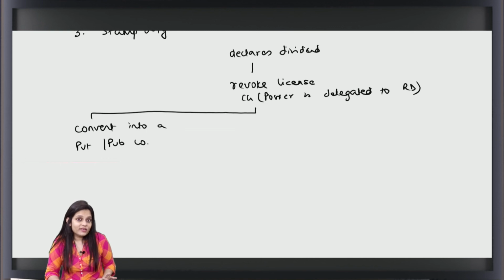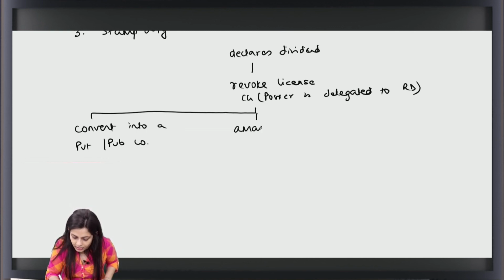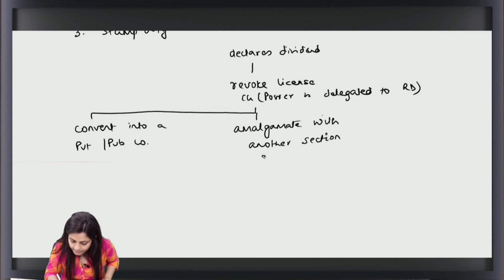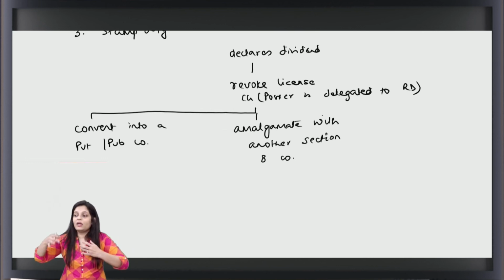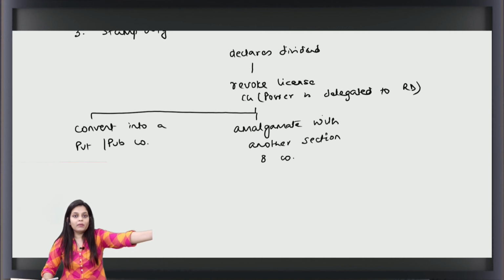When such license is revoked, the second thing that can happen is the company may be ordered to amalgamate. With any company? No. With another Section 8 company. We will tell you to go and amalgamate with another Section 8 company with the same objects. Say one company starts as a Section 8 company for promotion, and we ask it to merge with a technology company.